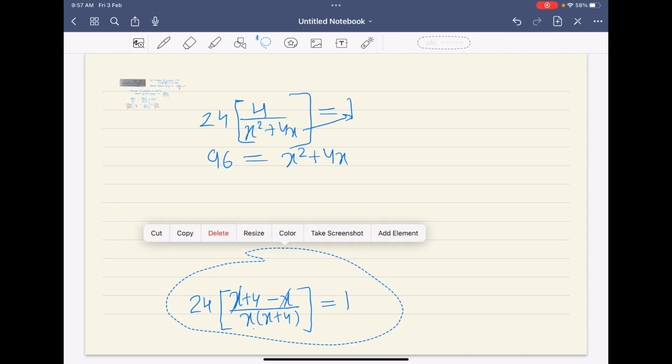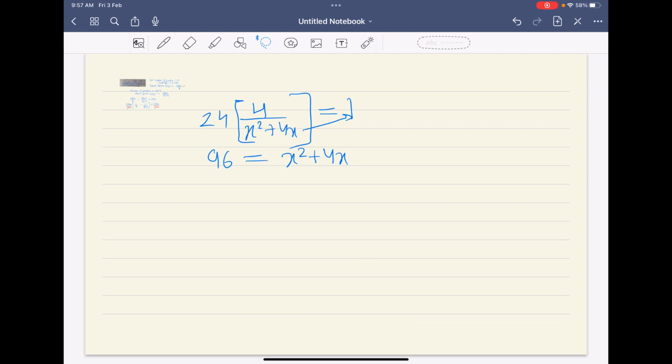We will have our equation. Bringing 96 to the other side, we will have x square plus 4x minus 96 equal to 0. Now this is a simple quadratic equation which we can solve by factorization. So what is the product here?